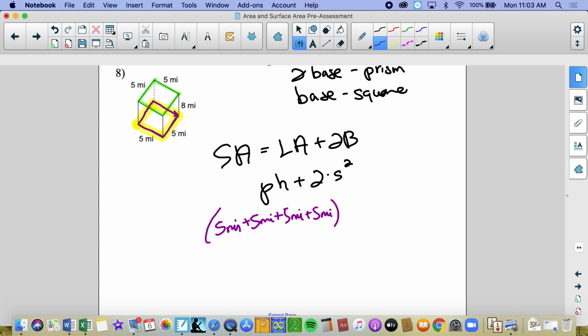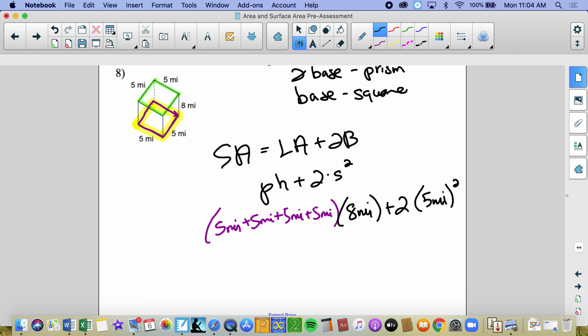And then it's times the height. The height is the distance between the 2 bases. In this case, it's 8 miles. And then it's plus 2 times my base area, which is S squared. My base is the square in the bottom, so S, a side, is 5 miles, quantity squared.